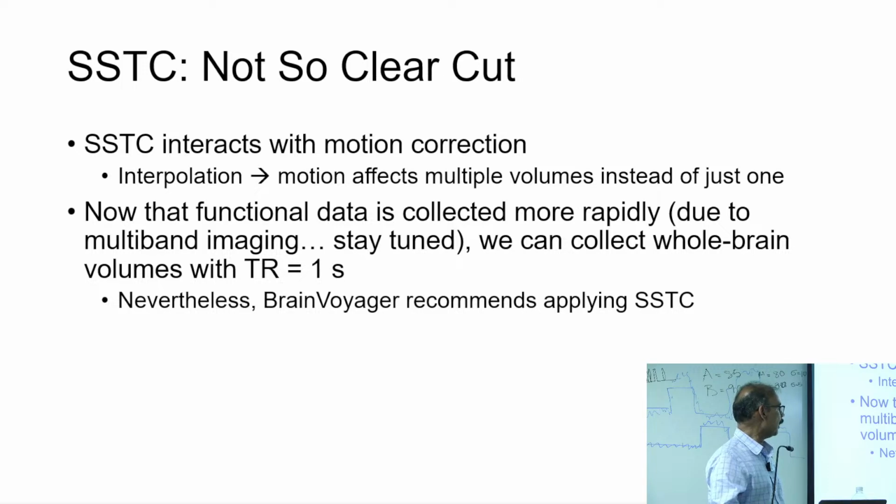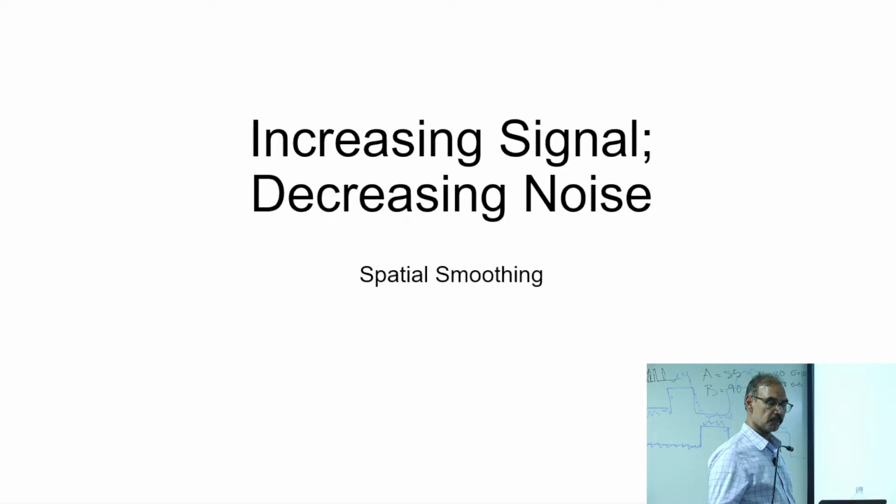But with multiband sequences, one can collect the whole data within a second. So these problems don't become much of a problem as with a TR of 2 seconds or higher.